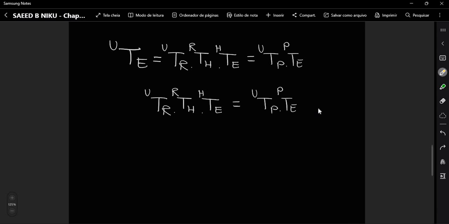So if we multiply the transformation of the reference frame R by its inverse, we eliminate this term of the equation.